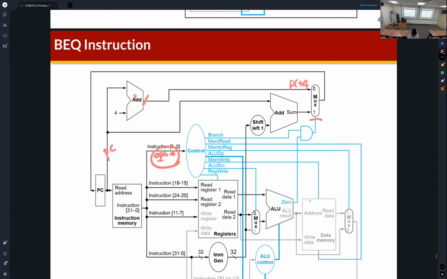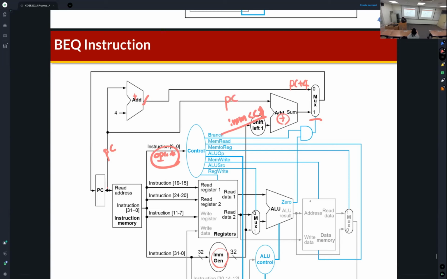And the other input comes from another adder, where one input is the immediate generator output shifted left 1, so it's the immediate shifted left 1. The other input of this adder is the PC.